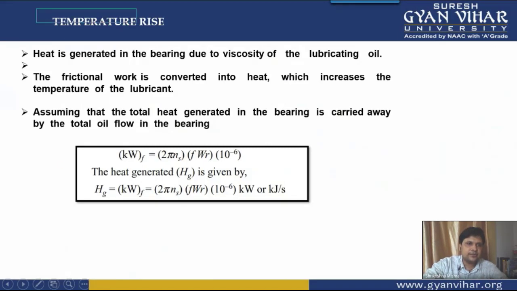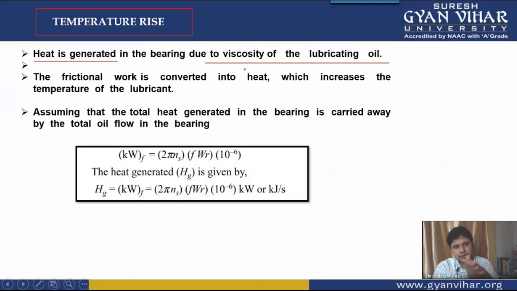So moving further, one more thing that has to be calculated in the design of bearing is the temperature rise. Basically, you all know that since there is friction involved in the case of journal bearing, heat is generated in it. If the journal is rotating, there is viscosity, and due to viscosity of the lubricating oil, heat is generated. Viscosity is the resistance of one layer over the other layer in the lubricant.